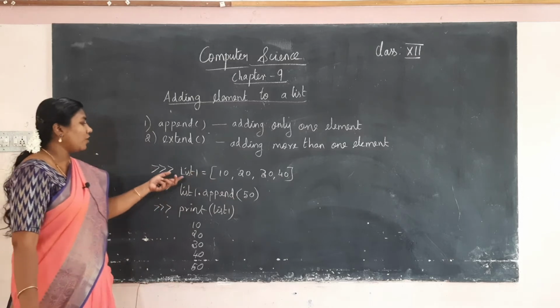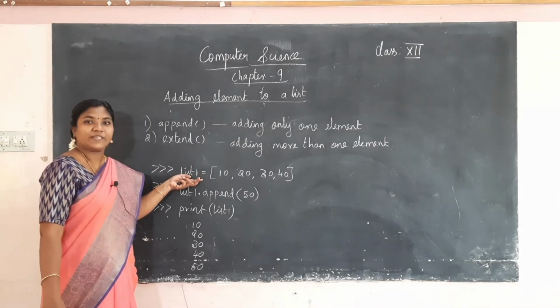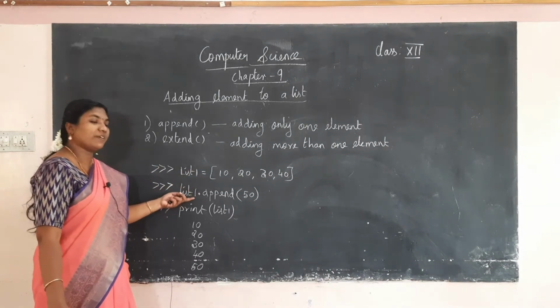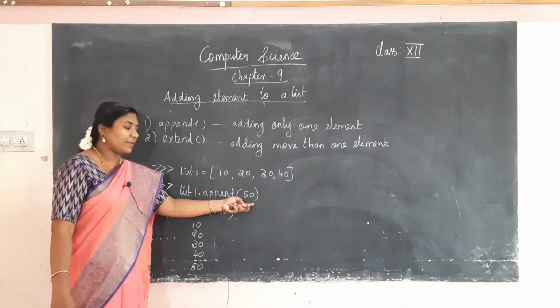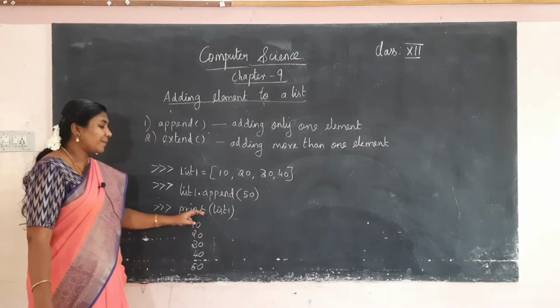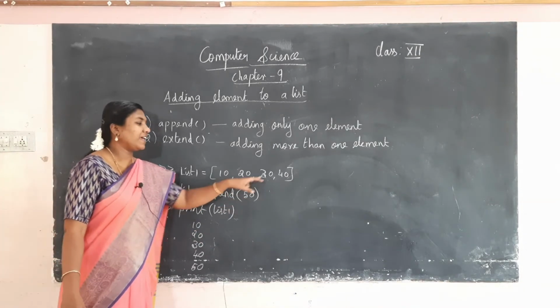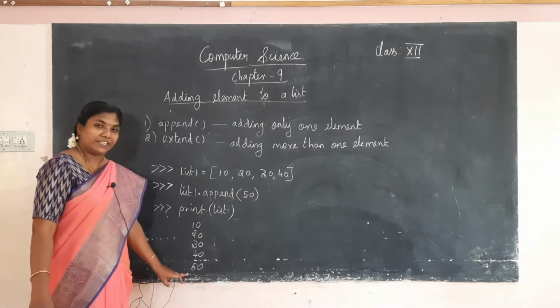Now I want to add an element to this list. The list has already been created, and for this list I am going to add one more element, so I have to mention the list name. So list1.append and the element I am going to add, and then print list1. Now in list1 this 50 has been added, so in the output I have 50.